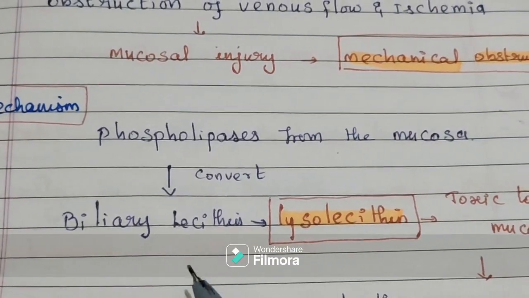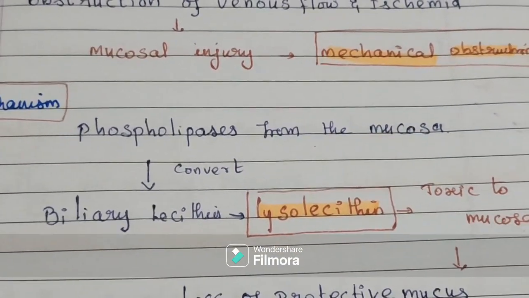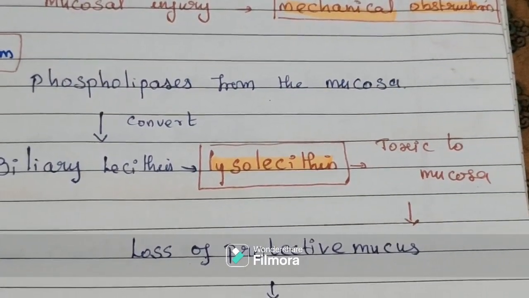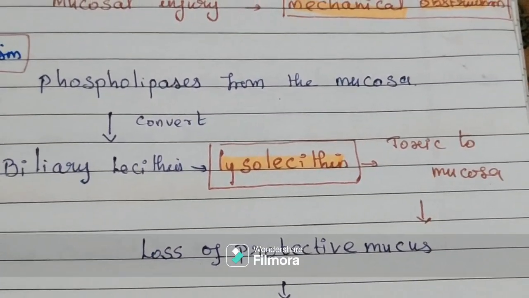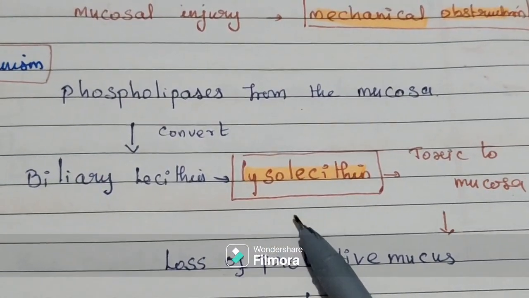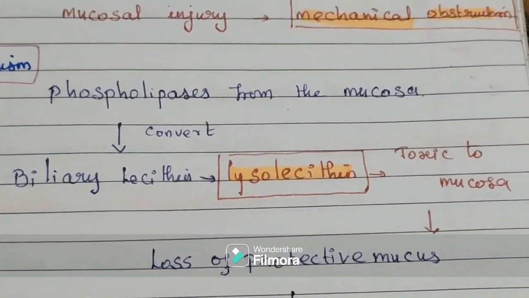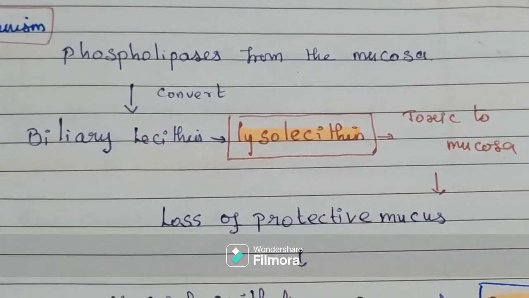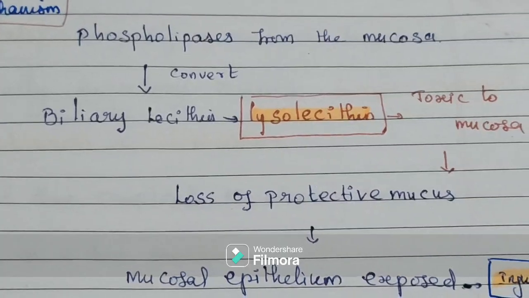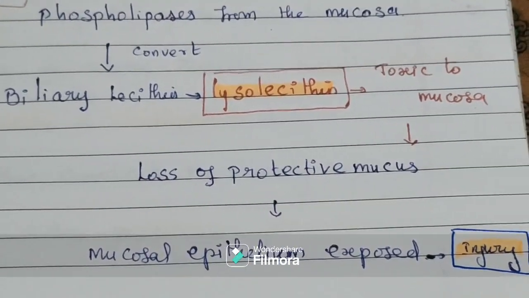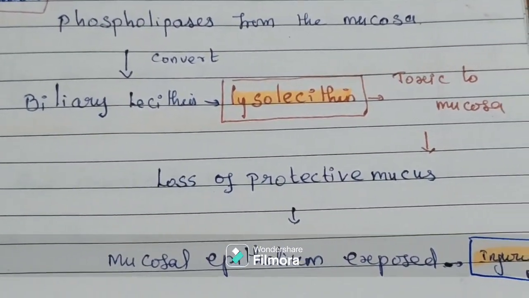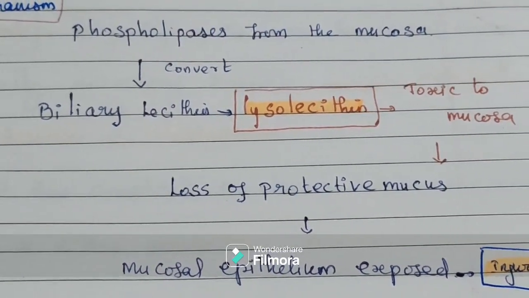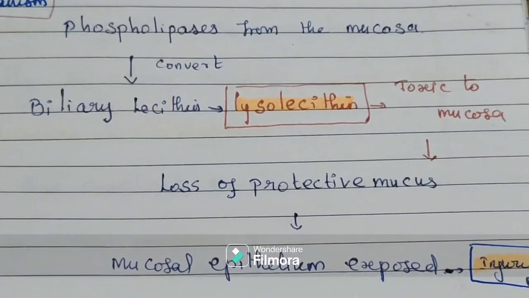This lysolecithin is very toxic to the mucosa of the gallbladder, and once it is toxic to the mucosa, there is loss of protective mucus.